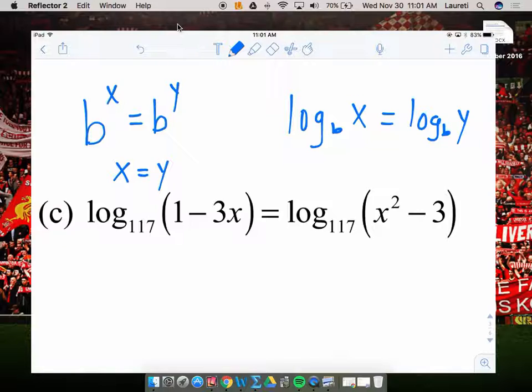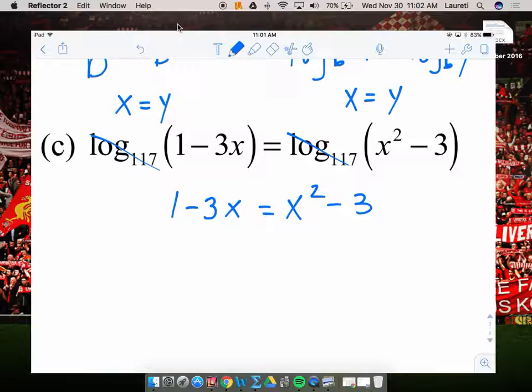Right. So this is then going to be equal to that. So you don't even need to worry about the log terms because since they're equal, you can set their expressions equal to one another as well. So then you just have, again, a regular quadratic equation.